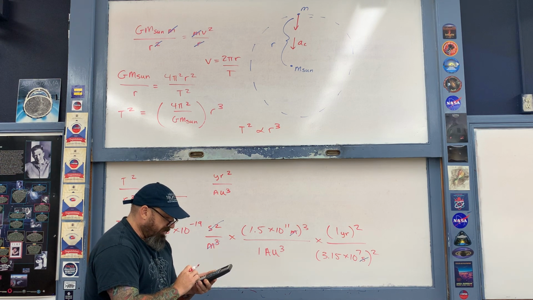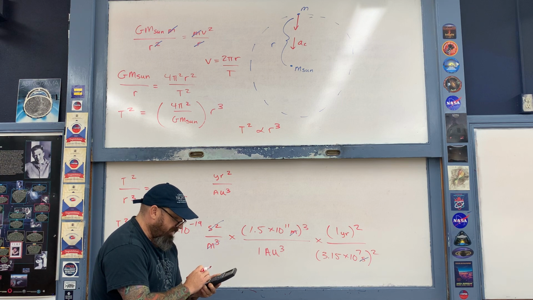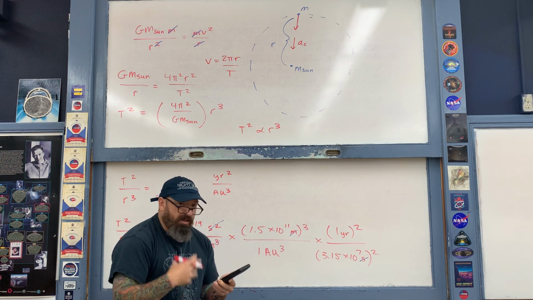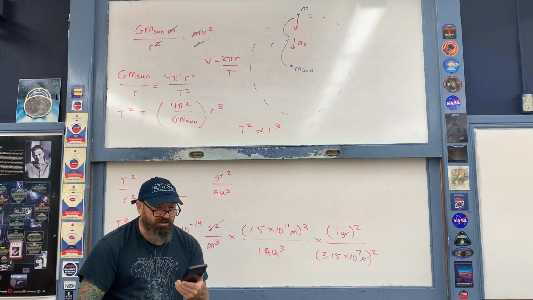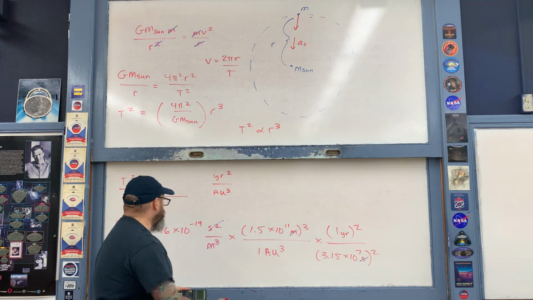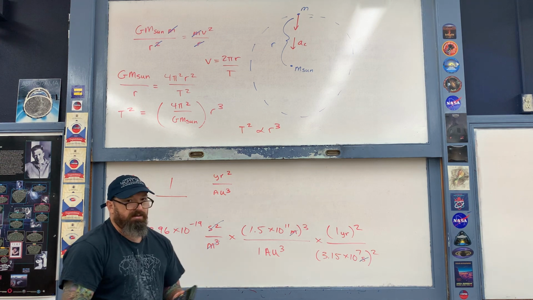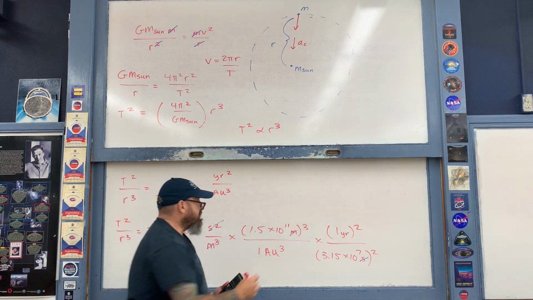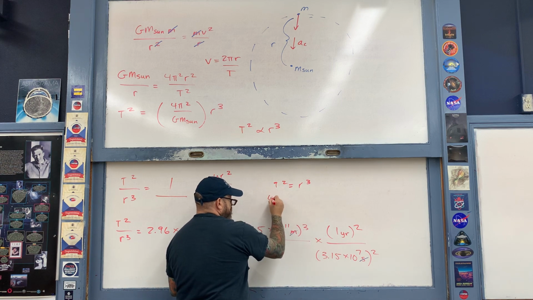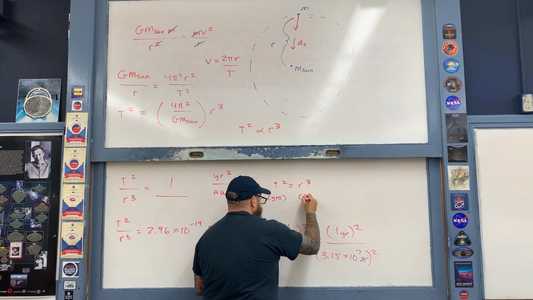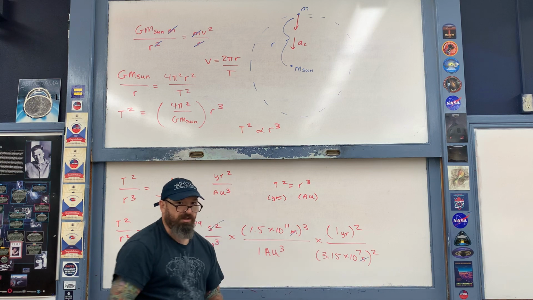And then divide that by 3.15 times 10 to the 7th squared. And then even though I've been rounding some numbers off a little bit as I've been proceeding through this calculation, out several decimal spaces, the number is in fact equal to 1. T squared is equal to r cubed as long as T is measured in terms of years and r is measured in terms of astronomical units.